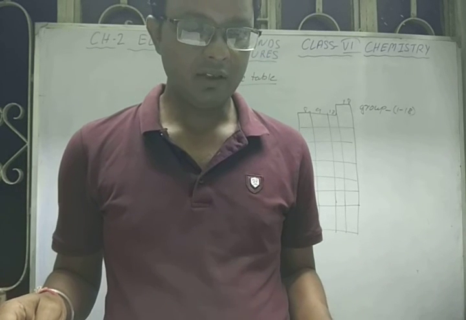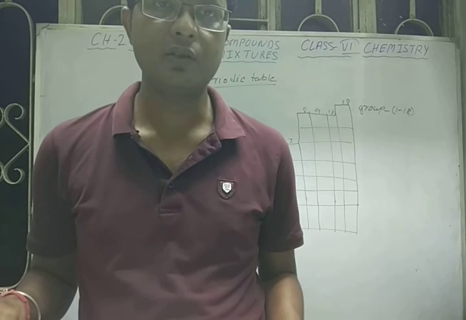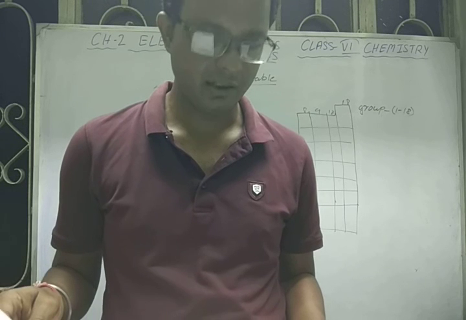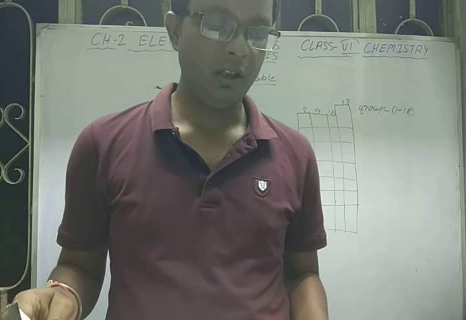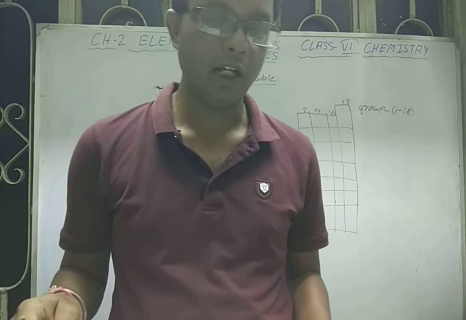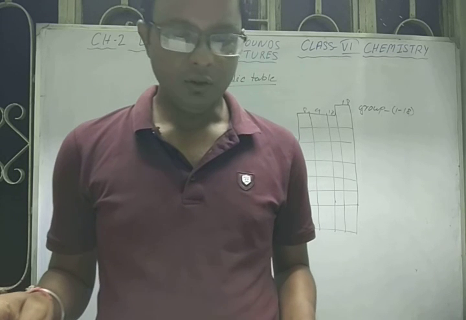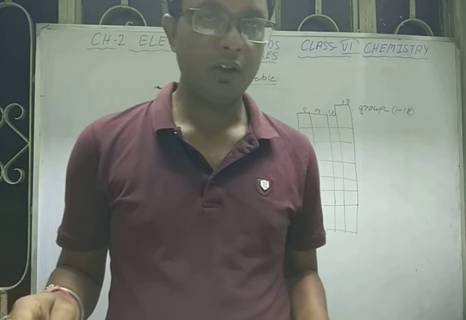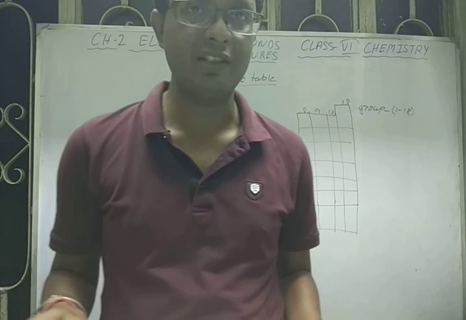Now the main thing to learn is the chart that is 2.4. The first 20 elements are given in this chart, from hydrogen to calcium. You have to learn all these elements: hydrogen, helium, lithium, beryllium, boron, carbon, nitrogen, oxygen, fluorine, then neon, sodium, magnesium, aluminium, silicon, phosphorus, sulfur, chlorine, argon, potassium and calcium.